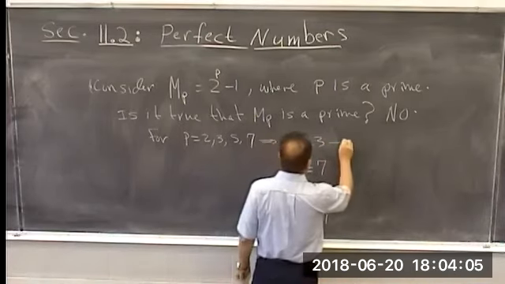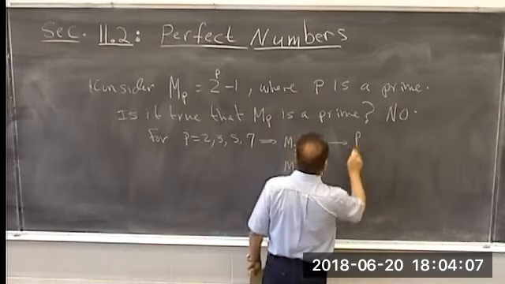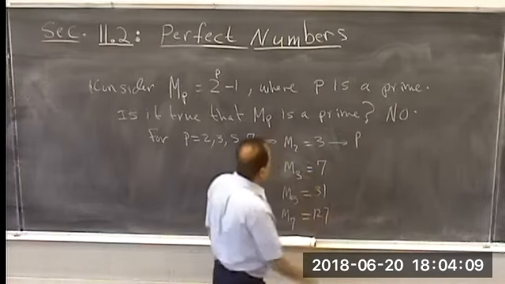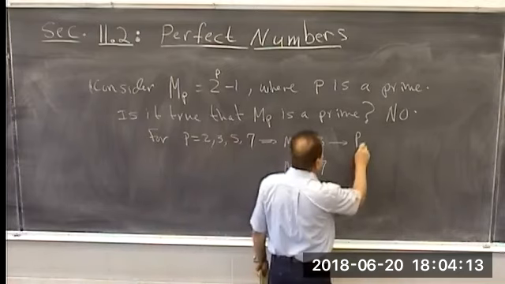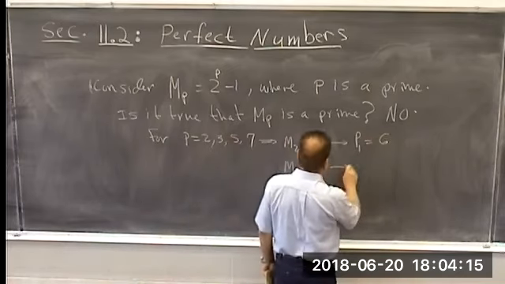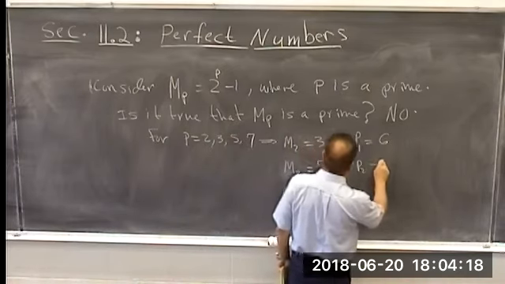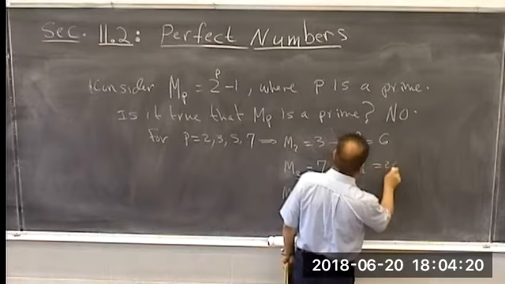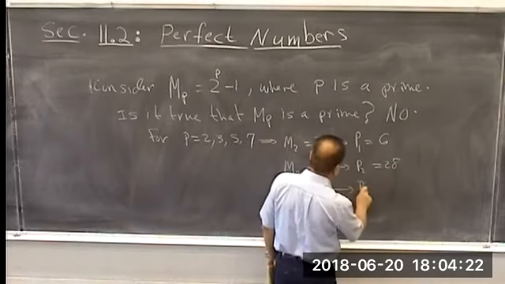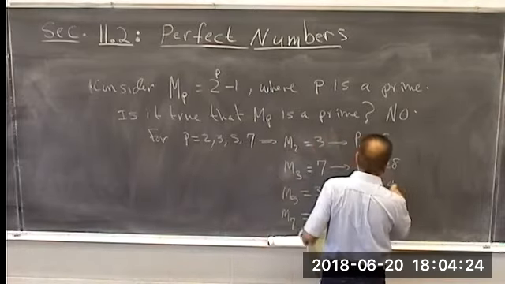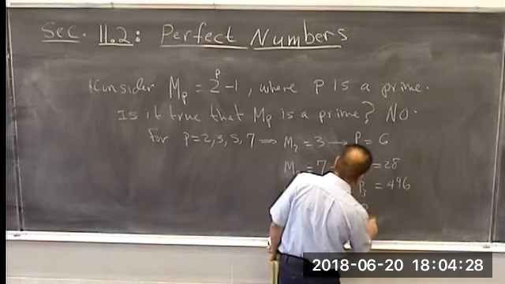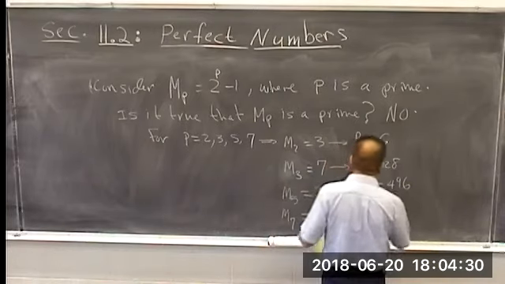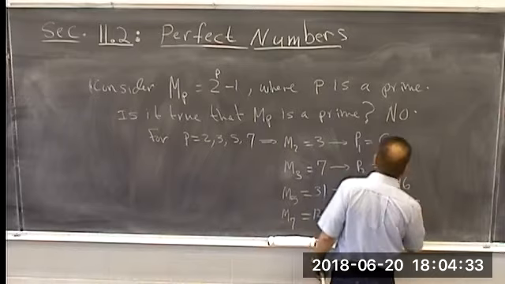And each one of these gives us actually a perfect number: the first perfect number, which is 6, the second perfect number, which is 28, the third perfect number, which is 496, and the fourth, which is 8128.